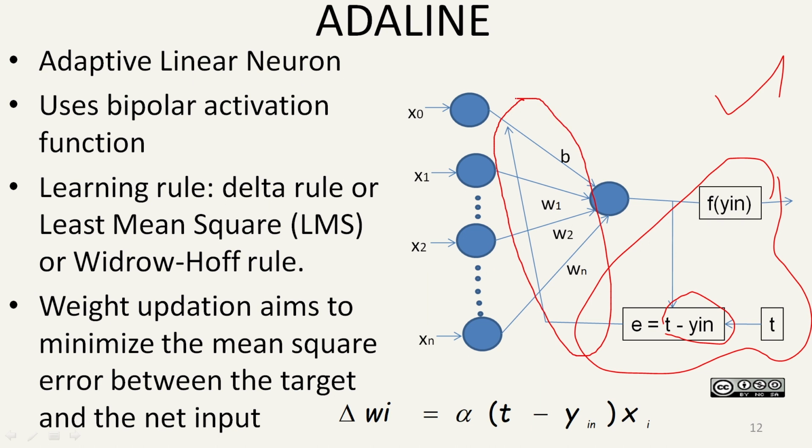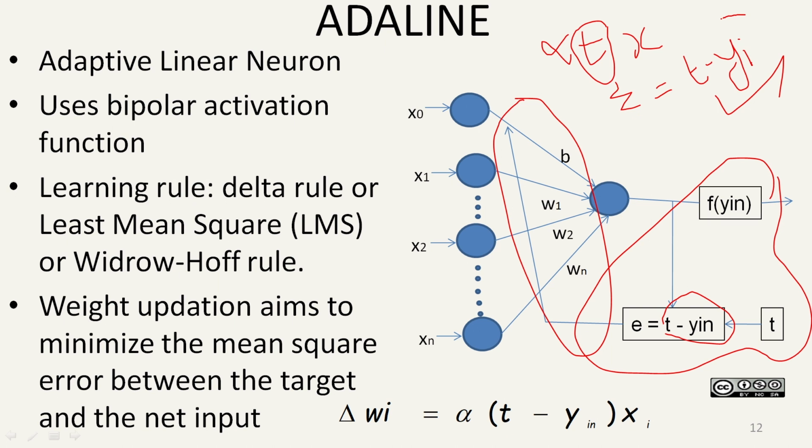So ADALINE gives the weight updation process with a little change with respect to the perceptron. What is the change? In the perceptron model, the equation is alpha into t into x, but here, instead of only the target, we should take the error. How is this error calculated? t minus net input.